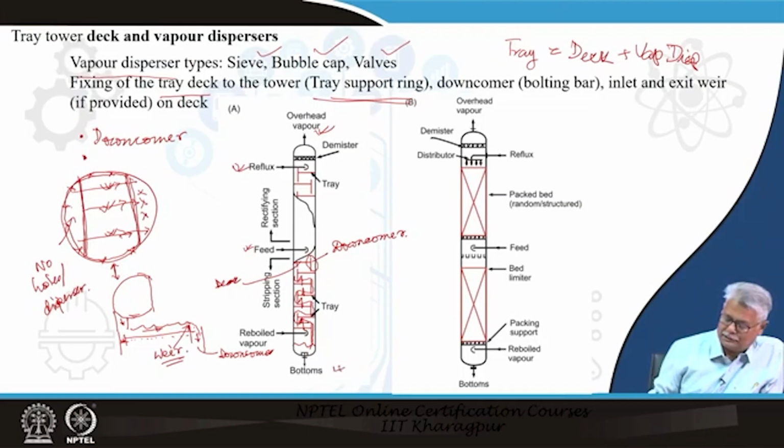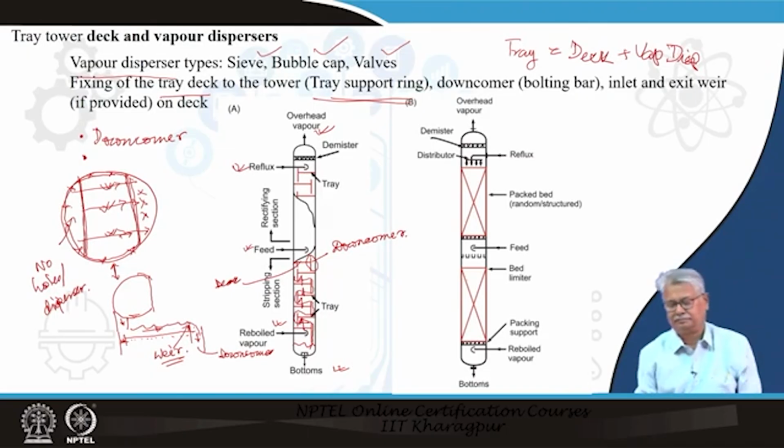The bottom product has to be taken out. Possibly there will be one more outlet which will be taking the bottom liquid to the reboiler, and there has to be a nozzle which will be feeding in the reboiled vapor here. Below the feed section, you already know that it is a stripping section. Above it, it is a rectification section.